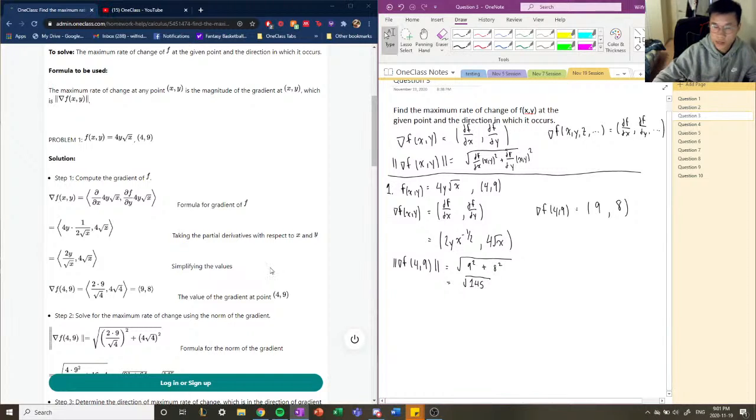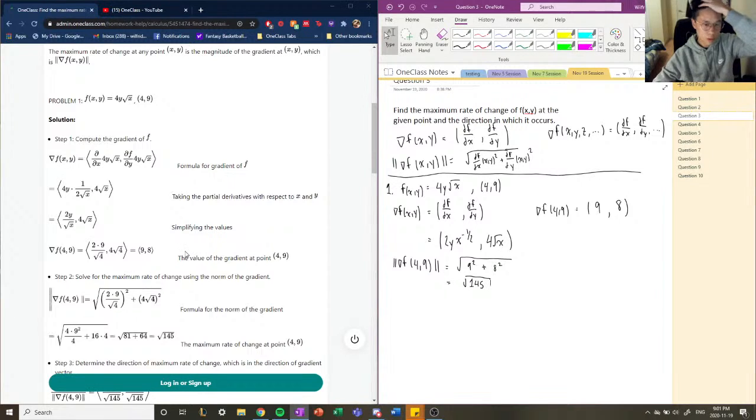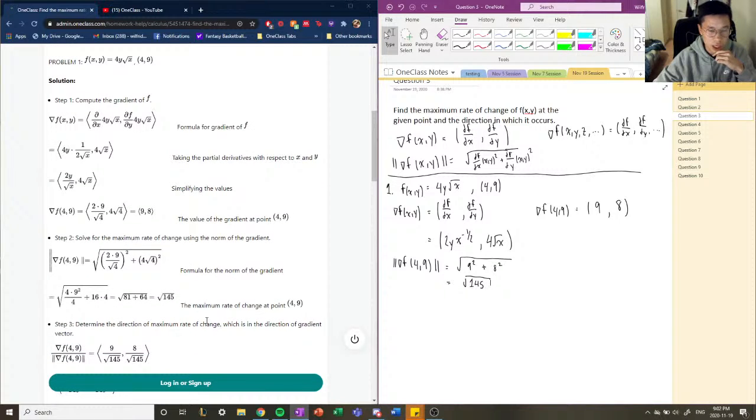And finally, it's asking us for the direction. Okay, so the direction of our maximum rate of change will occur in the very direction of the gradient itself. So in this case, all we need to do is calculate the unit vector of the gradient at 4, 9 by dividing it by its magnitude.